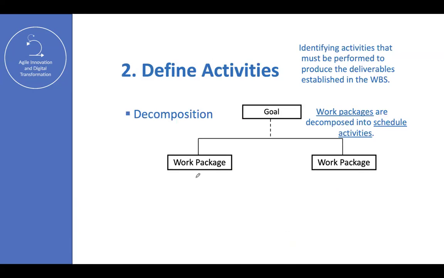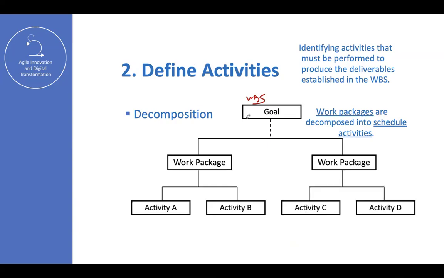Remember that we're talking about different processes. Number 1, we need to plan the schedule management. Number 2, we need to define the activities. Remember that we're coming from the WBS, and I explained that before, so we don't need to take time explaining the same thing that I already did. First of all, we need to identify activities that must be performed to produce the deliverables established in the WBS. And I told you that before, this elephant. Now you have here the goal, which is the vision, building a house.